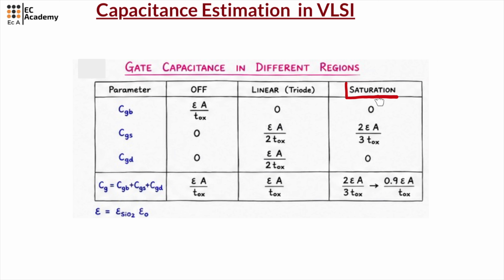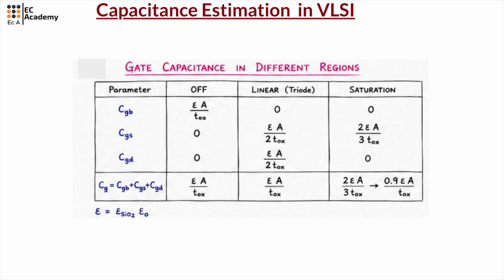In the saturation region, CGB will be equal to 0, CGS will be equal to 2 epsilon A divided by 3 TOX, and CGD will be equal to 0. Therefore, total gate capacitance will be 2 epsilon A divided by 3 TOX. Practically, we can approximate this value to 0.9 epsilon A divided by TOX.